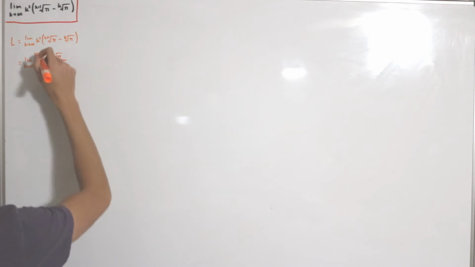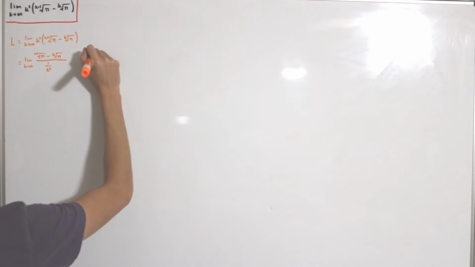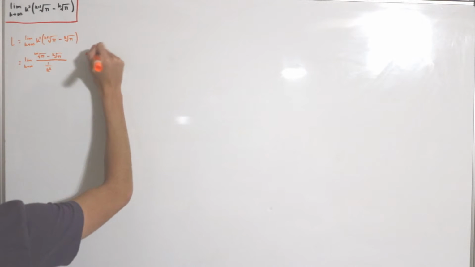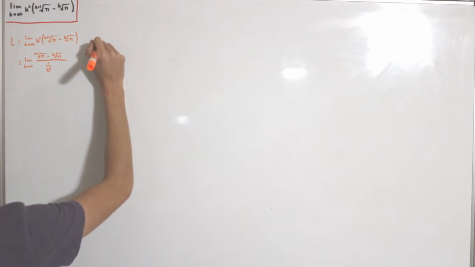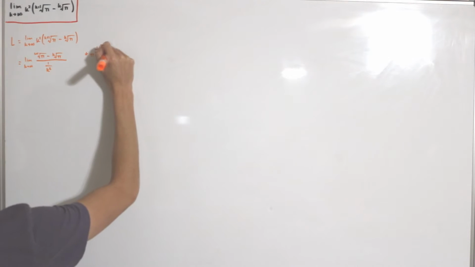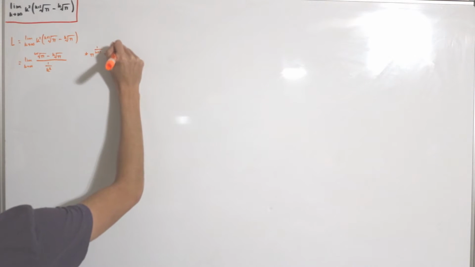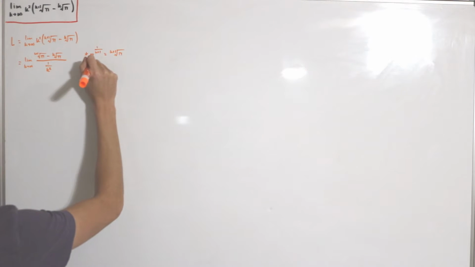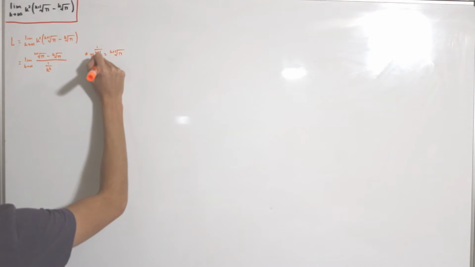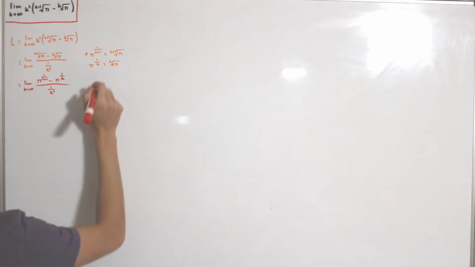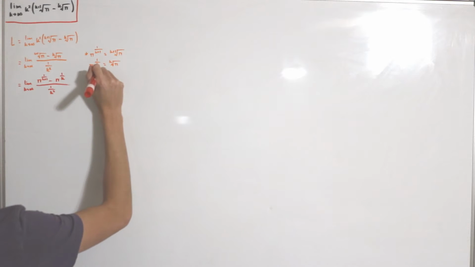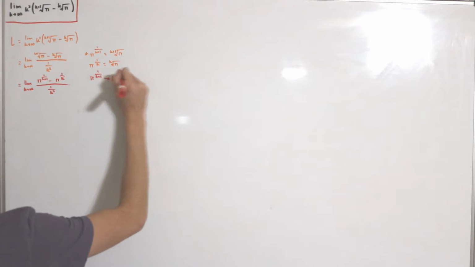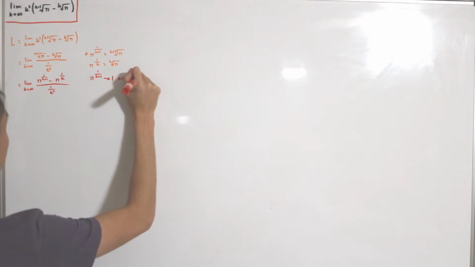I can rewrite the (k+1)th root of pi as pi to the power 1 divided by k plus 1, and the same thing for the kth root of pi, which is equivalent to pi to the power 1 over k. Notice that pi to the power 1 divided by k plus 1 approaches 1 as k approaches infinity.